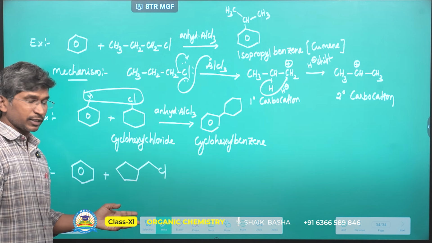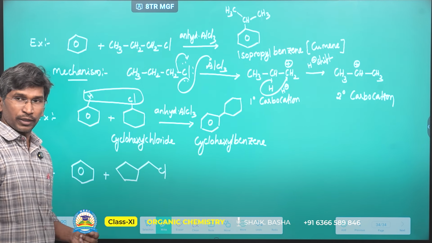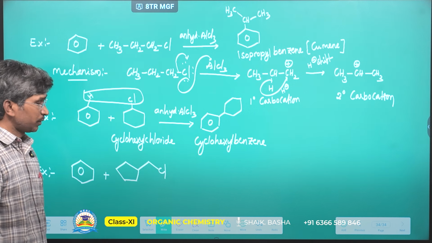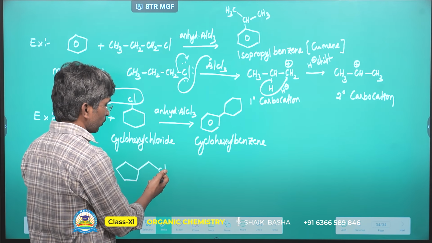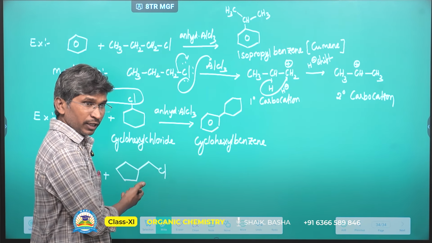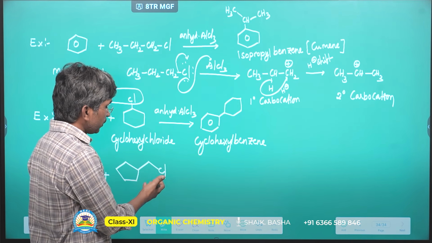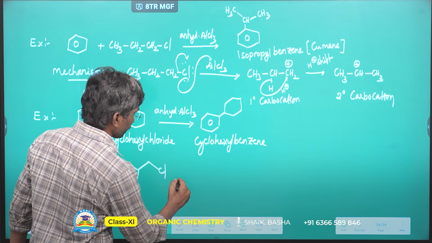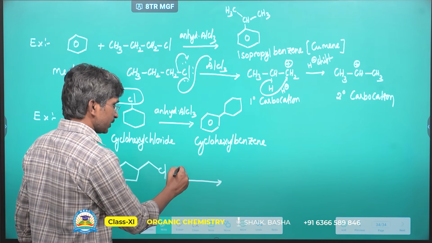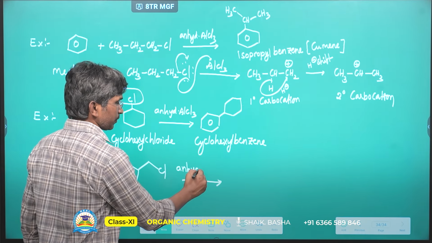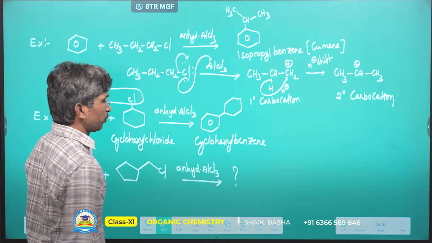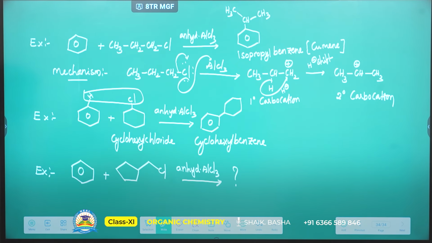A cyclopentyl ring is there, connected to a CH2 group and chlorine. Okay, chloromethylcyclopentane. On treating with anhydrous AlCl3, what is the product? This is the most important thing. Then we'll see.